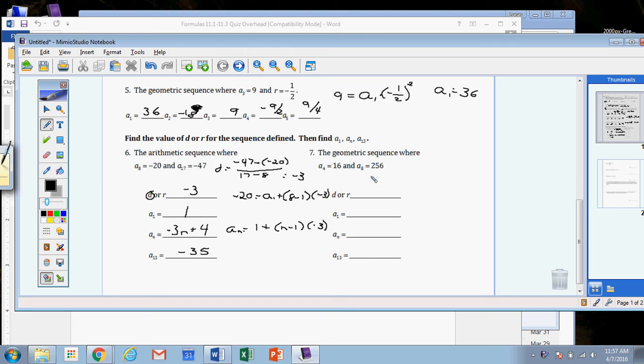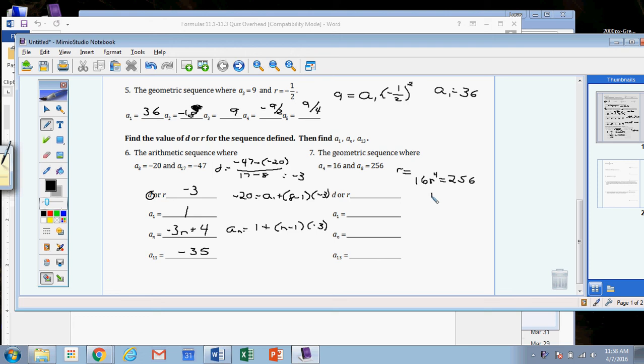All right, number 7, the geometric sequence where the 4th term equals 16 and the 8th term equals 256. Well, we know it's a geometric sequence, so we're immediately trying to find our r value, right? Well, we would simply say 16 times r to the difference of these terms, which is 4, equals 256.